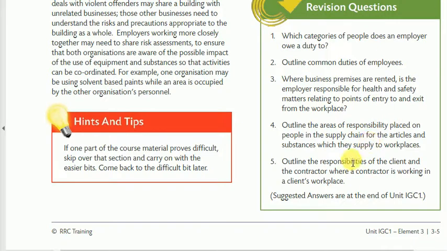So that's the outline of responsibilities of the client and contractor, where a contractor is working in a client's space. Well, the client is to ensure that when the contractors work, the job is being done in the right way, in the sense that it conforms to safety standards. Yes, it is also his job to monitor the work, surveillance and all of that, to ensure that there is no harm as a result of the job being done.